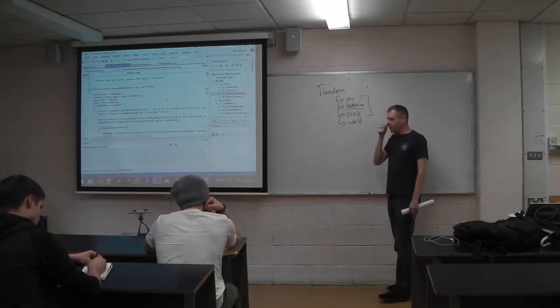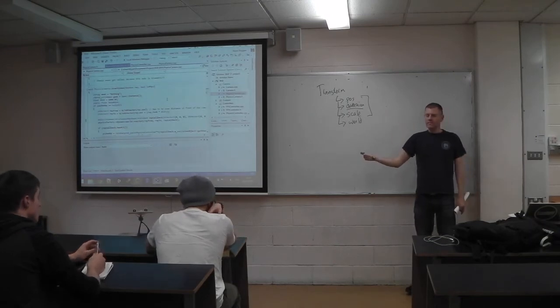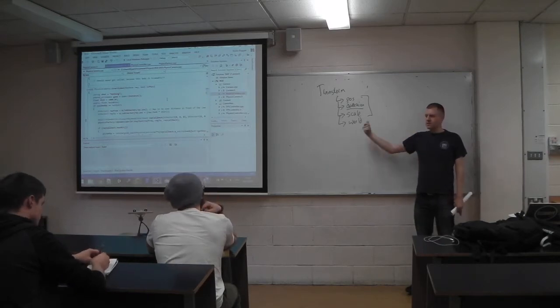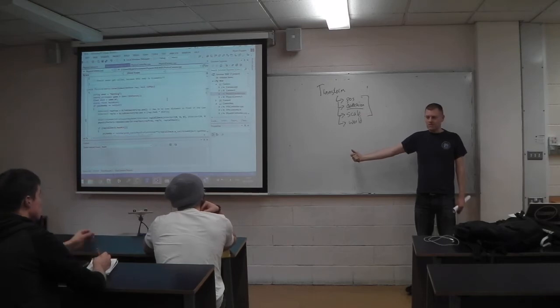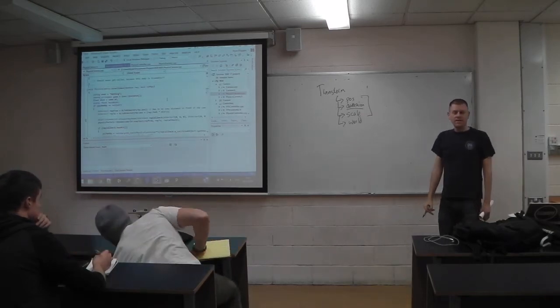That 4x4 matrix gets passed into a program that runs on the GPU, the shader. All of this gets passed into the shader.